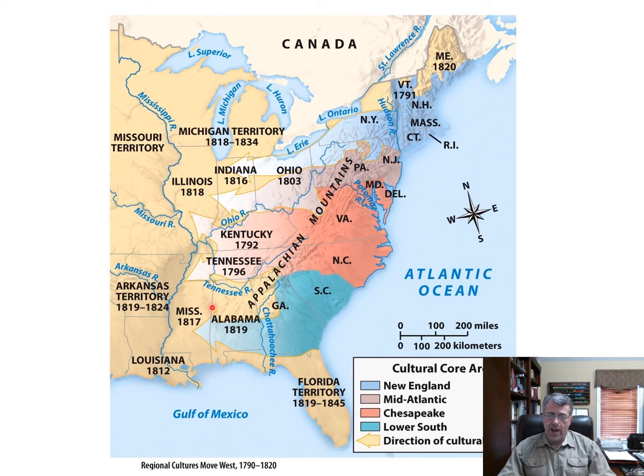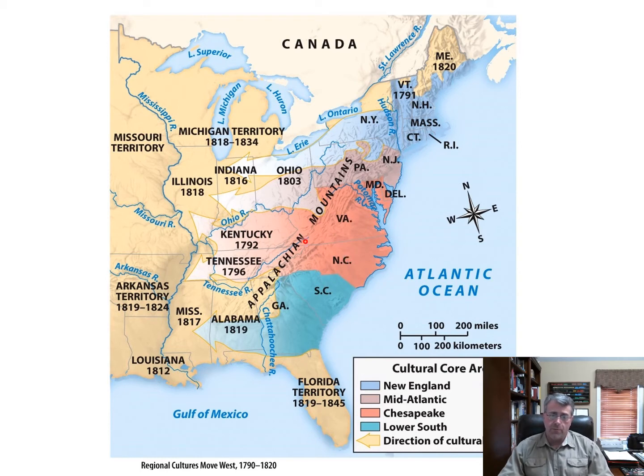So Mississippi and Alabama will eventually look exactly like South Carolina and Georgia in terms of local government, culture, economy, to include things like large-scale plantation agriculture worked by primarily slave labor. So we'll see this pattern established in South Carolina and Georgia begin moving west with the settlers onto the frontier. Same thing in the Chesapeake area, Virginia, North Carolina.